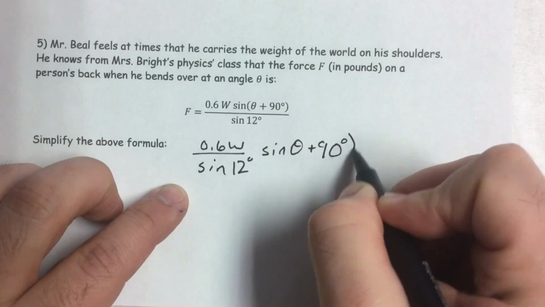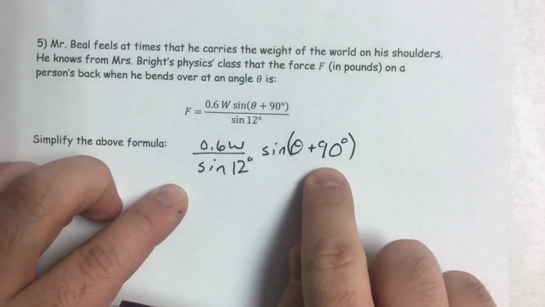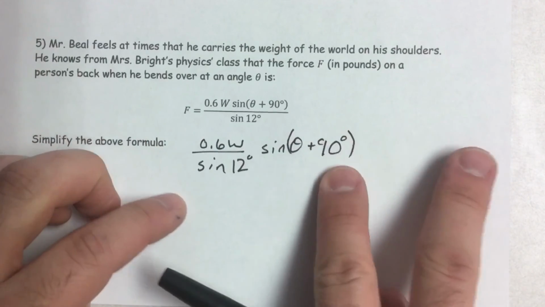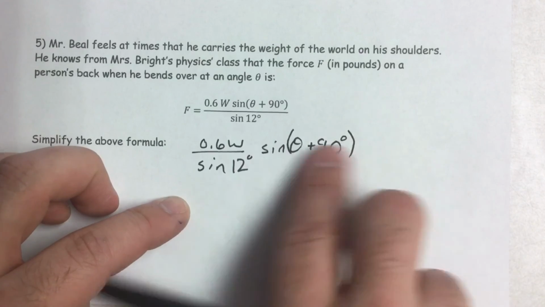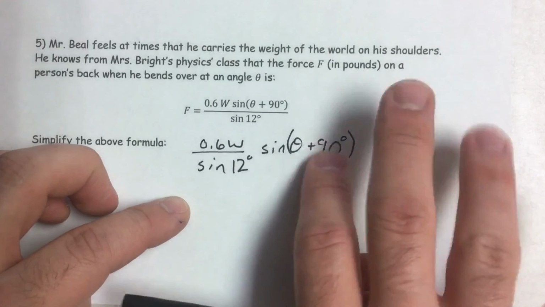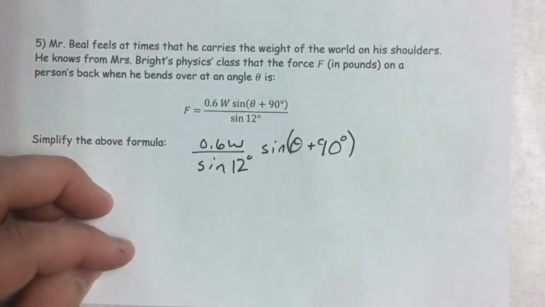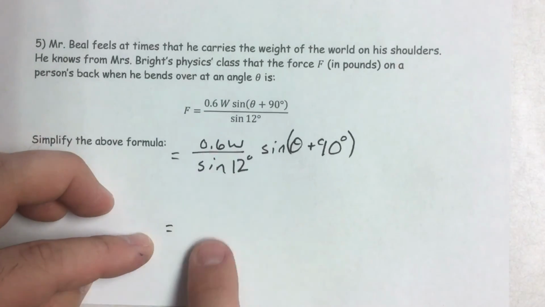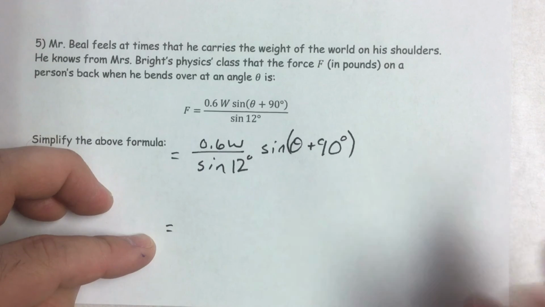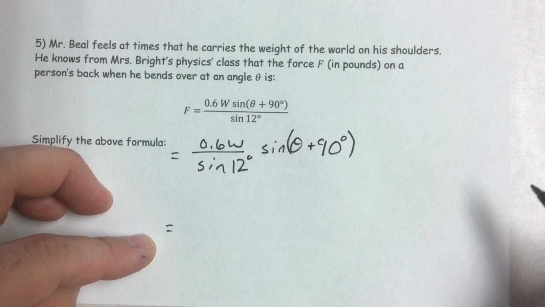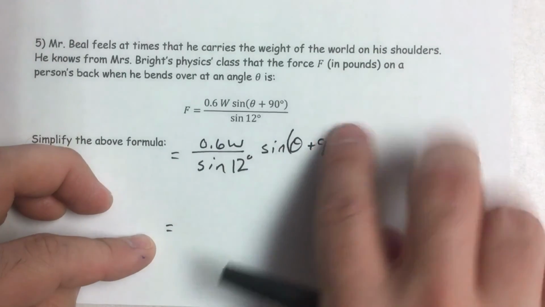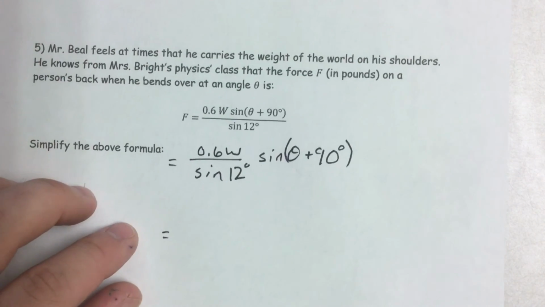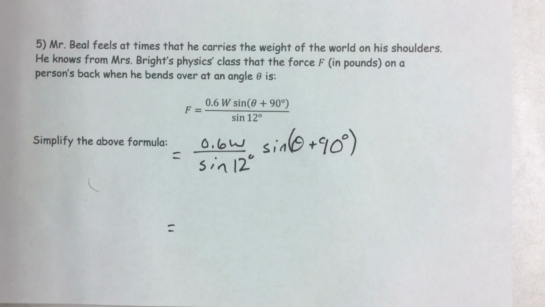With sine of theta plus 90, we're able to use an identity there, rewriting and simplifying that. Because of the 90 degrees, I believe some things will cancel in your identity, and we'll be able to simplify it down, where we'll have our initial front fraction being multiplied by a trig function. So identity, simplify, and work down. Best of luck working on these, guys and ladies, and I'll see you in the next video.